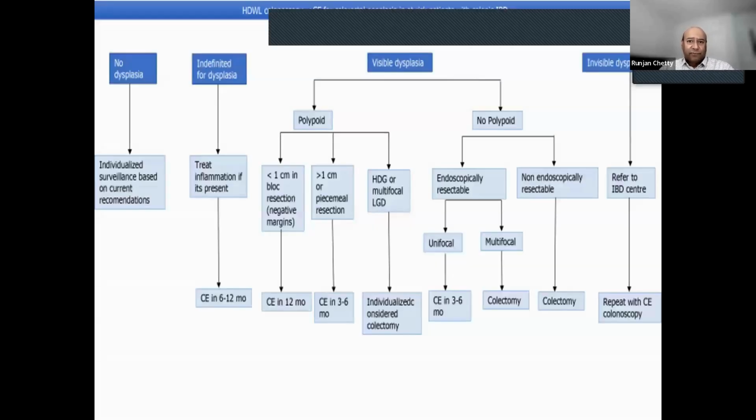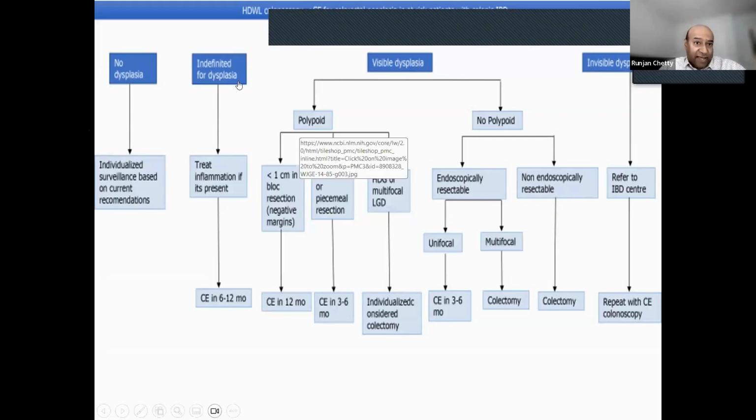And here's the sort of protocol that SCENIC guidelines provide for endoscopists. And again, it's really due to the advances that have been made in endoscopy and chromoendoscopy. So if they have a look at it down the endoscope and there's no dysplasia, then the patient really can be individualized on current recommendations, and they come back every 6 months or 12 months or whatever they decide.